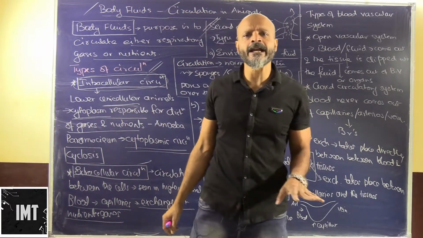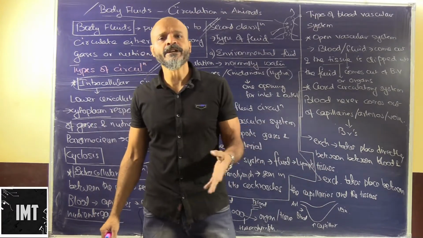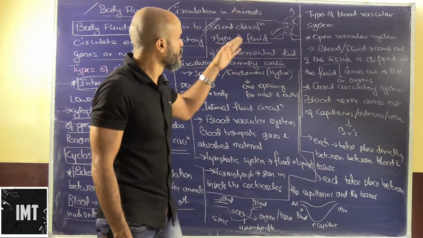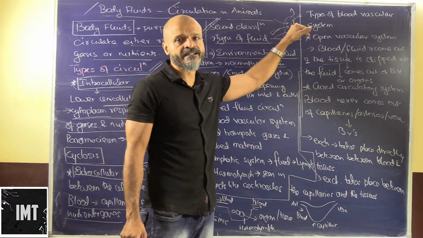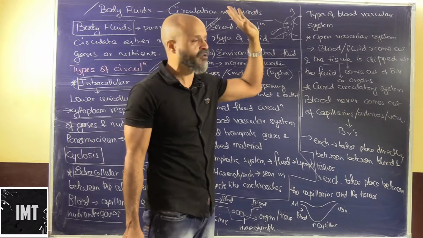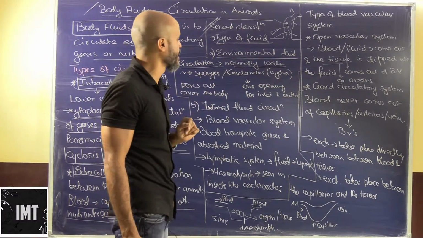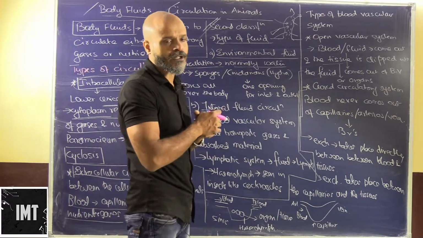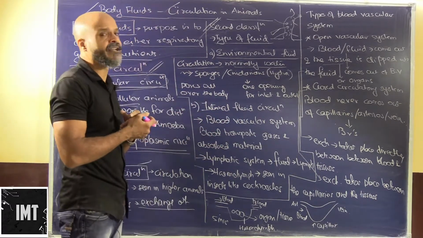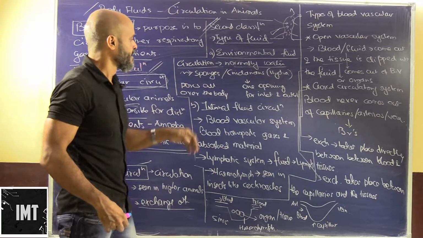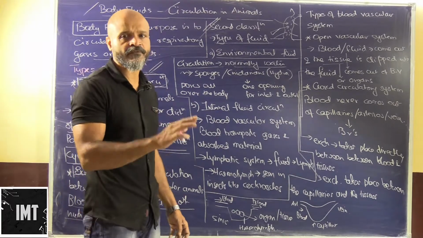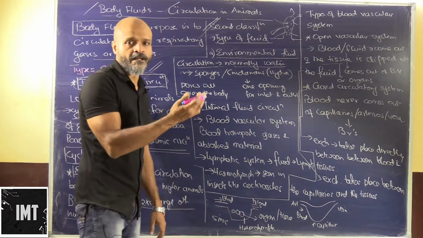Basically, generally they are aquatic because they would need an environmental fluid to transport the things in and at the same time take them out. Okay? So environmental fluid is actually doing the circulation. Normally it's water. We know that the sponges and mammalians are basically aquatic. They can be either marine or they can be fresh water as well. Generally marine. Okay.